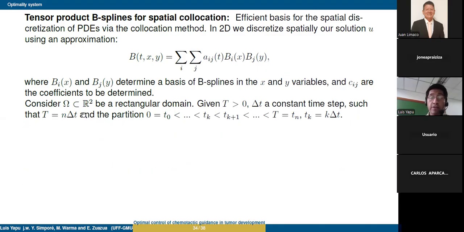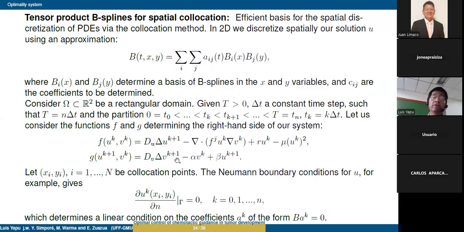I think this part is the more technical details about the implementation. We have a partition. This is the discretization. I think the most important part is the idea to represent the solution.